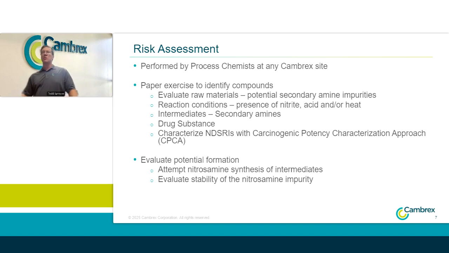So the initial risk assessment can be performed by process chemists at any Cambrex site. If you are working with us to manufacture your API, those sites can help you with that initial paper assessment.